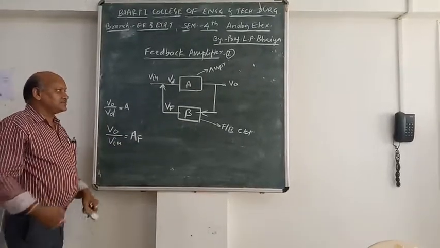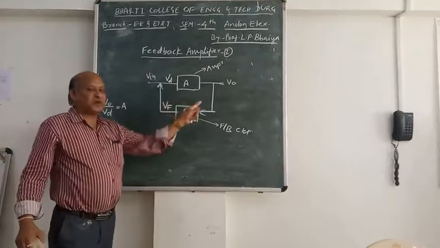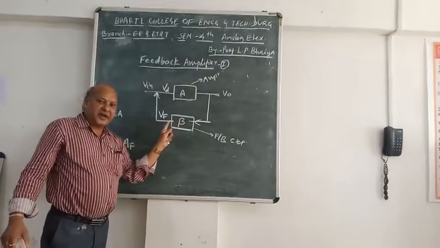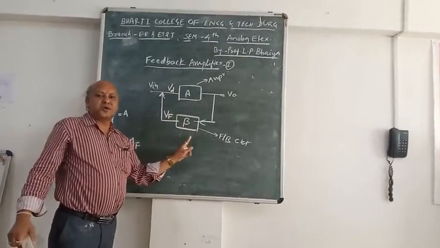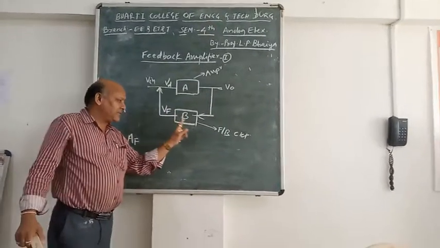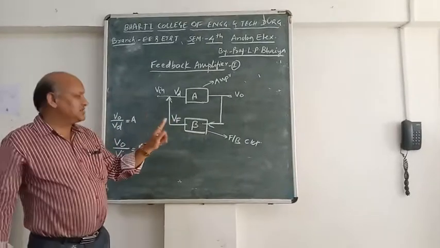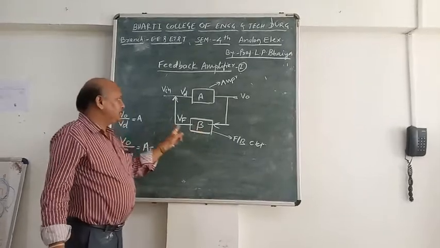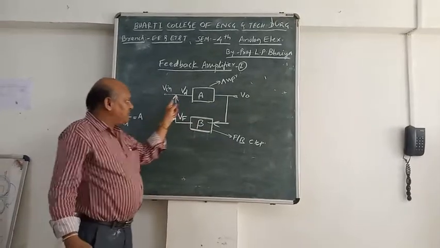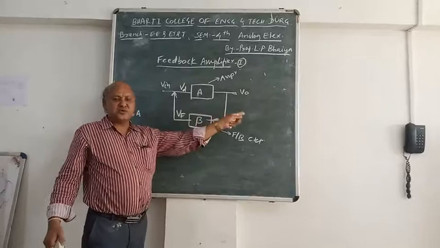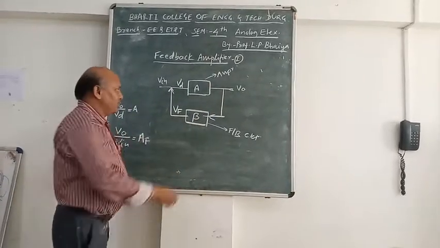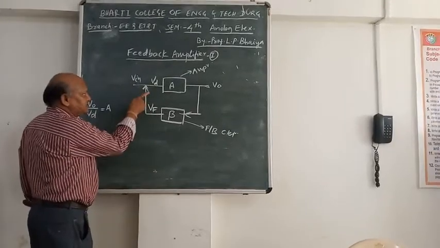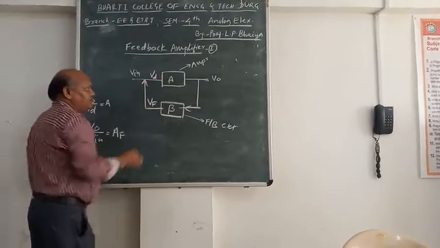In general, I can say the feedback amplifier is one where a sample of the output is fed back to the input through a feedback circuit, and this feedback circuit has a certain feedback factor, that is beta, which is generally less than unity. Here the difference between the input and the feedback voltage, Vd, is applied to the amplifier.